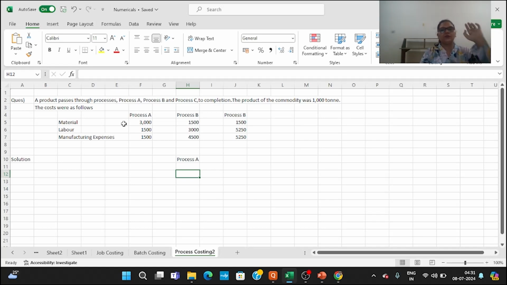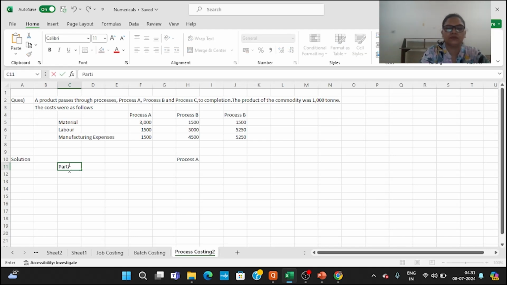Now, we have three processes: process A, process B, and process C. How to solve it? First of all, we will make the format of process A: particulars, then cost per unit, then we have total cost.